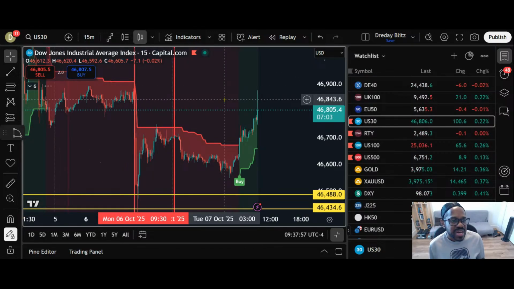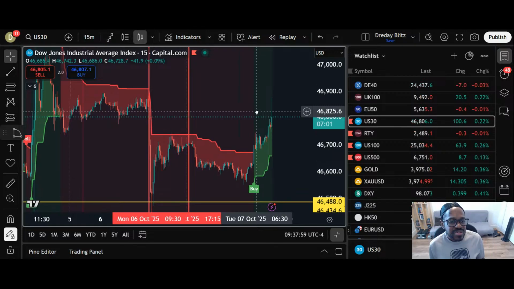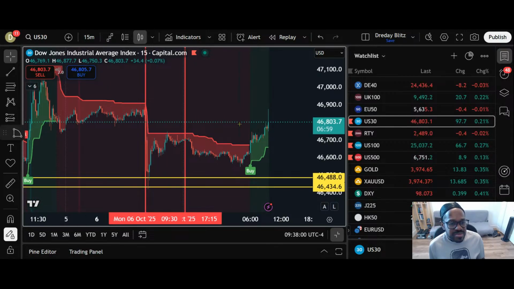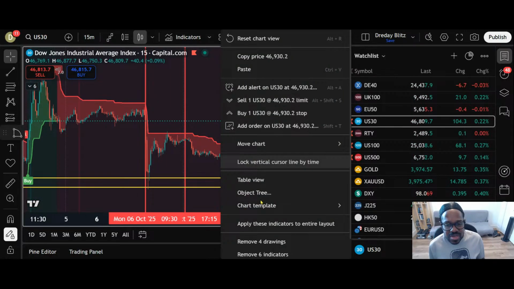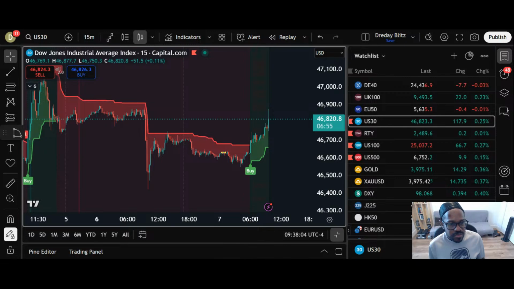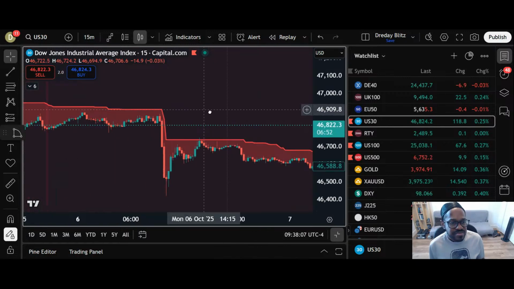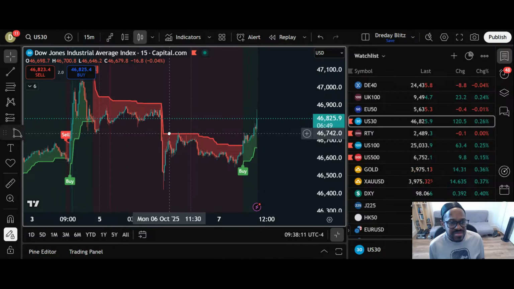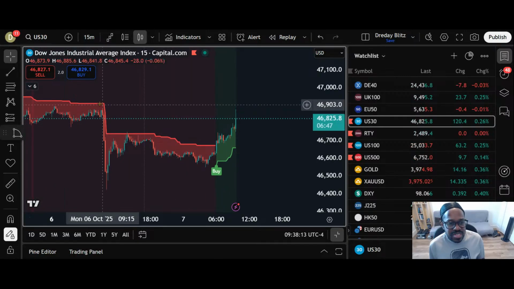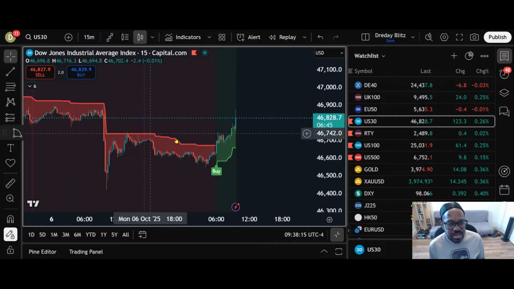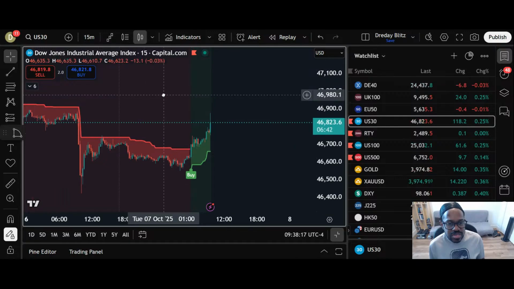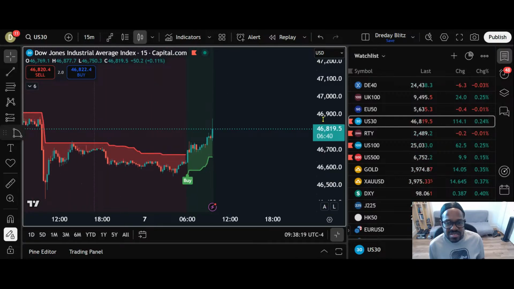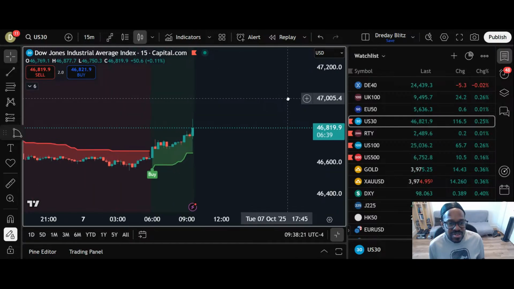So if we go back here, let me remove all of the lines, drawings here. So this move here is considered, I'd say, a turtle soup. This is another concept of ICT for the market.